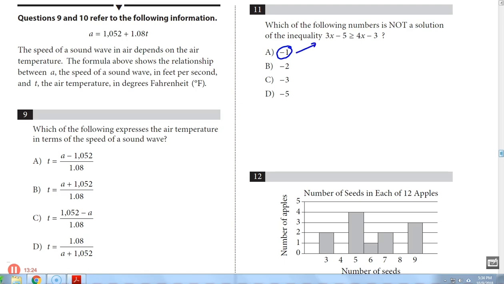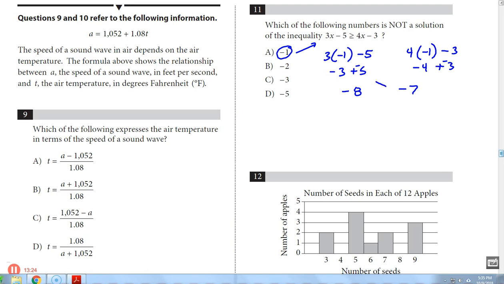And then just a good old-fashioned way is just take your answers and try them. Let's just stick this in and try it. 3 times a -1 minus 5. I'm going to compare that to 4 times a -1 minus 3. And over here I would get -3 subtract 5, which you never really subtract, you add the opposite. And then over here I would get -4 take away 3, or add the opposite.